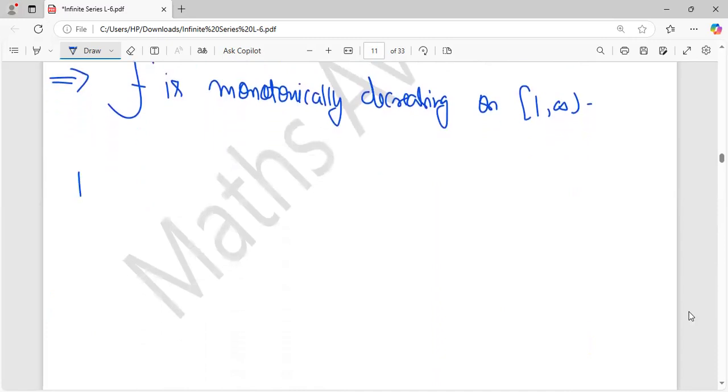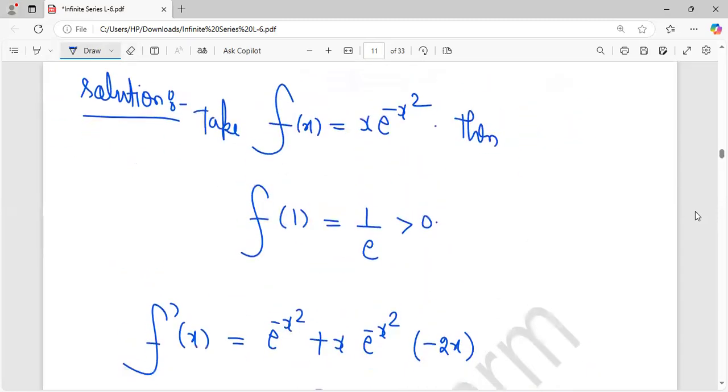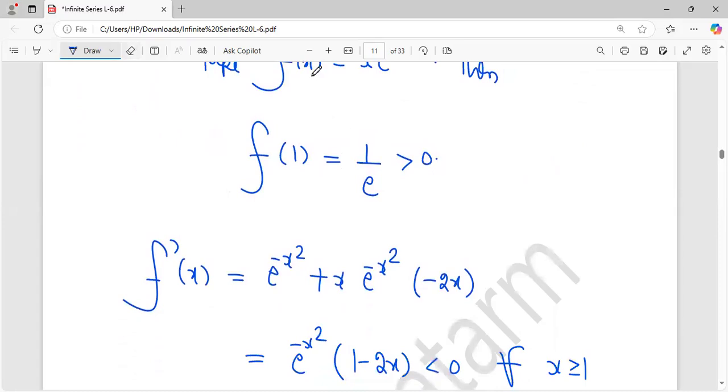Now f is monotonically decreasing, and you know that here in place of calculating this, what is the limit of this function as x tending to infinity?